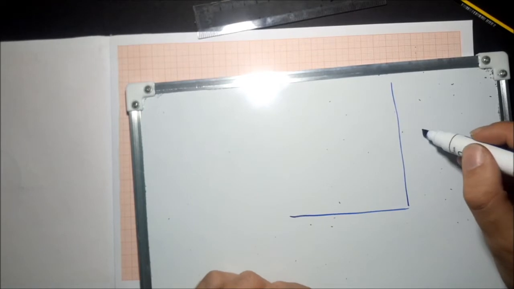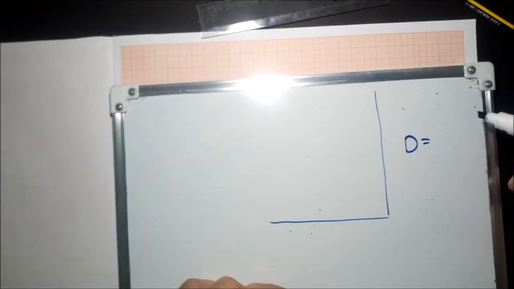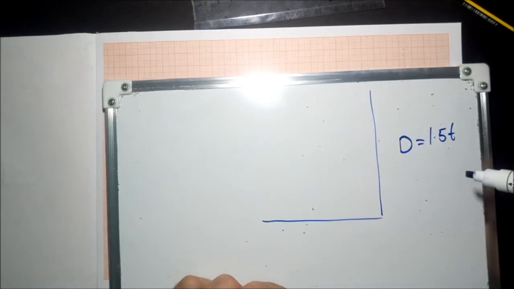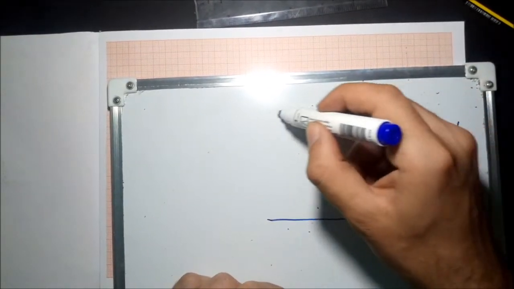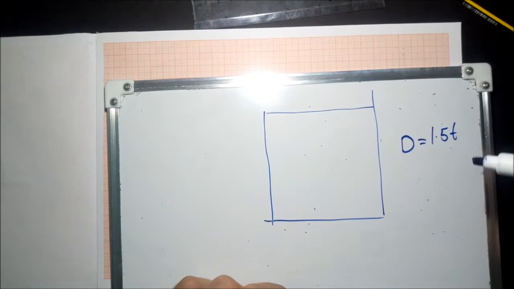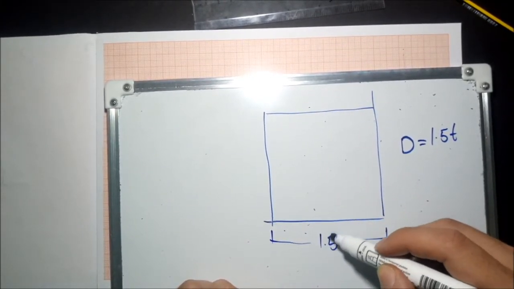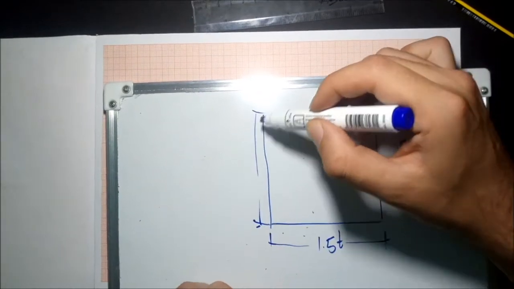The diameter equals 1.5 T. So the square we are drawing will have the dimensions of 1.5 T by 1.5 T.